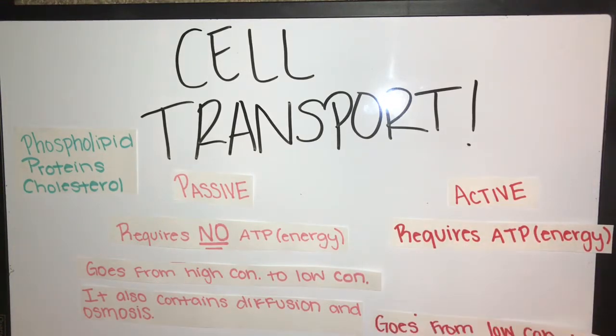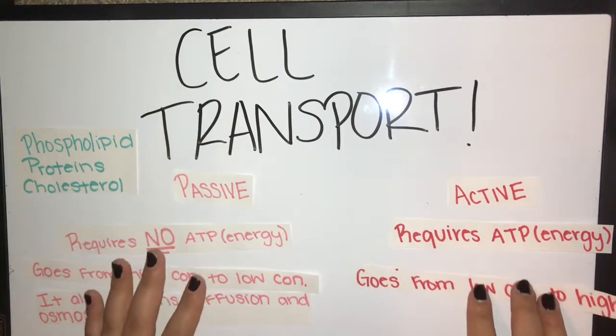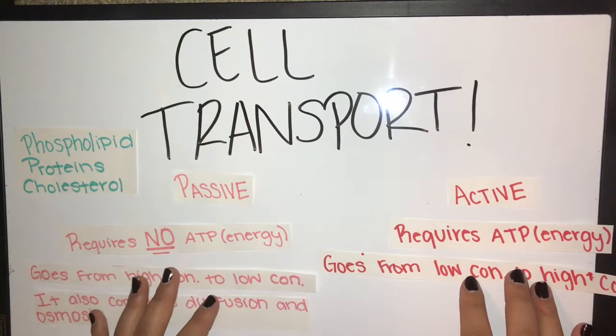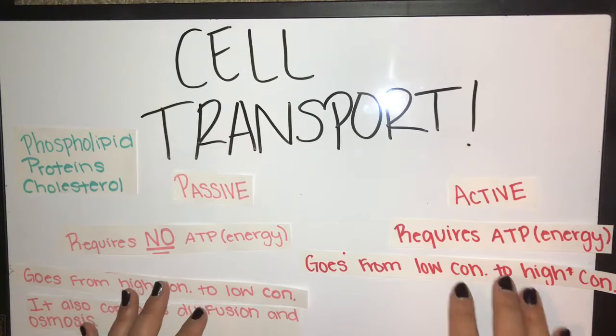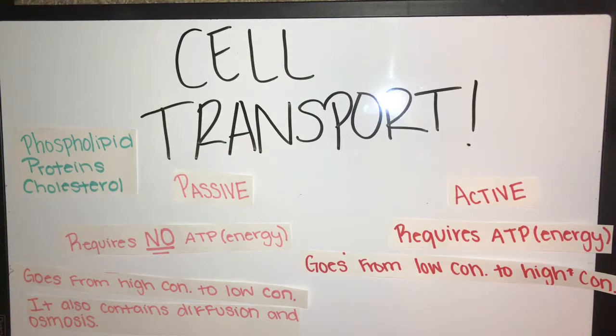Why? Because it goes from low concentration to high concentration. Like I said, imagine you're driving up a hill this time. You obviously need to press the gas pedal. And if you're running up a hill, you obviously need energy to run up the hill.